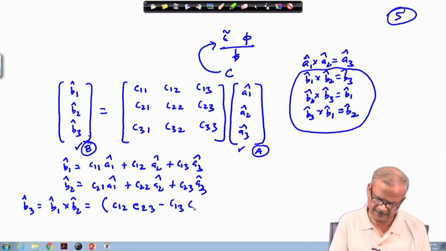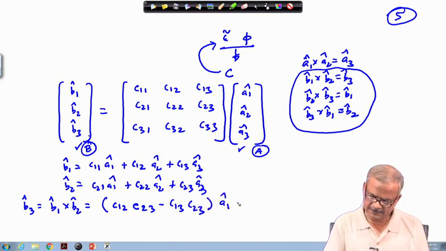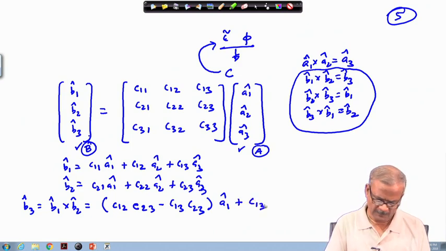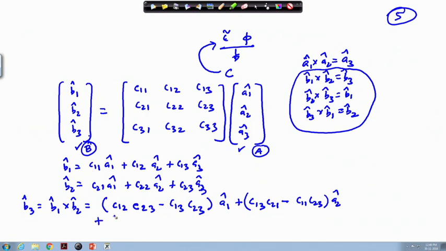You can just check it, I am writing it fast, because there is no point in expanding, multiplying and writing everything here. C 2 1 minus C 1 1 C 2 3 2 cap, C 2 2 minus C 1 2 times C 2 1 A 3 cap.